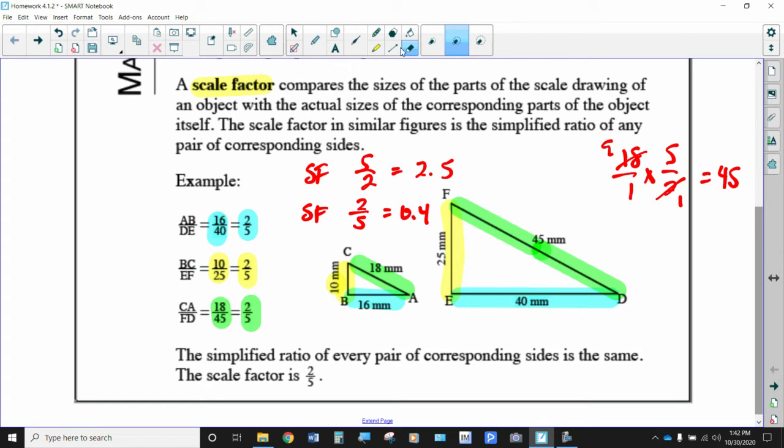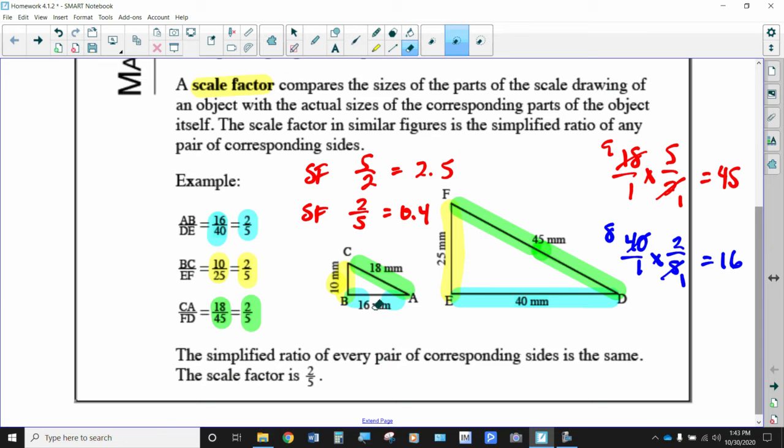If I was going in the other direction, let's say we didn't know this guy, but we knew 40, and so now you're going to go from 40 to a smaller size, so we'll choose the smaller of the two ratios, the one that's less than 1, and say 40/1 times 2/5, and then if you simplify these guys by cross canceling, you get 8 times 2 equals 16. Well, sure enough, that's what this is.